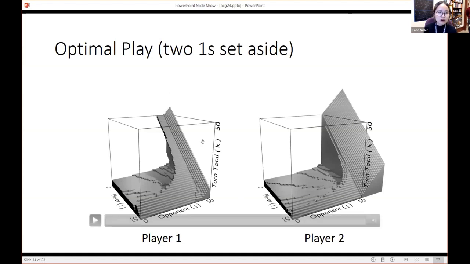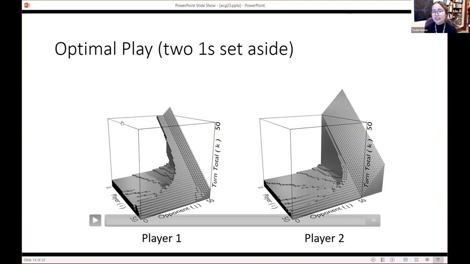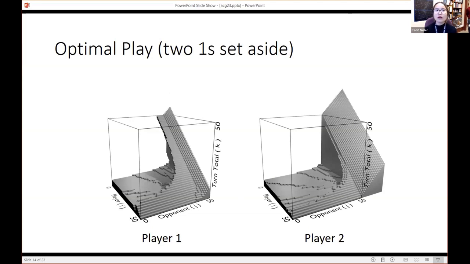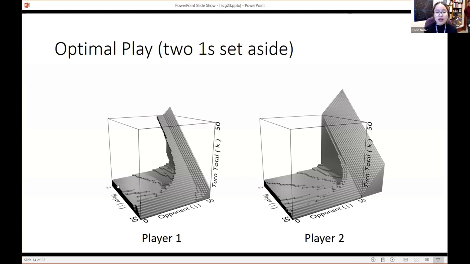And next we will move on to the case where we have 2 dice set aside. In this case, it is very risky because if we unfortunately roll one more die showing one, we will lose all our turn total. So at the beginning, both players are very careful and take very little risk.